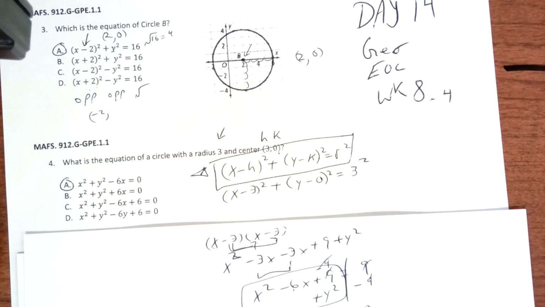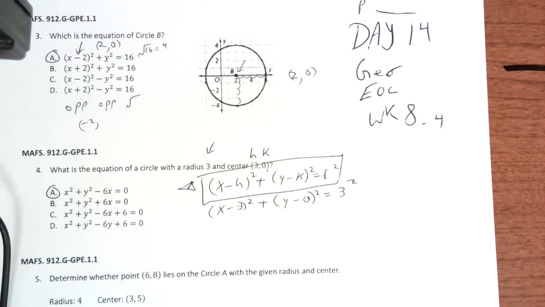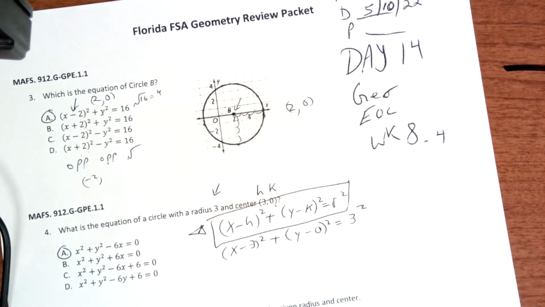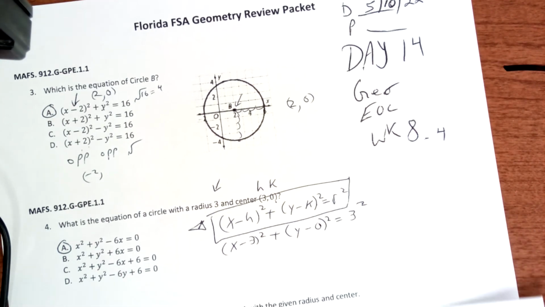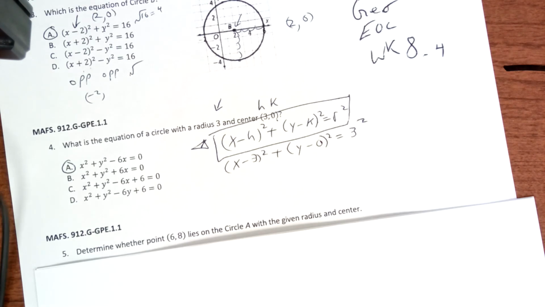Okay, so we had to plug it into the formula, and then we had to do FOIL. Let's try the next one. It says, determine whether that point lies on the circle. Well, let's see here. The center and the radius.